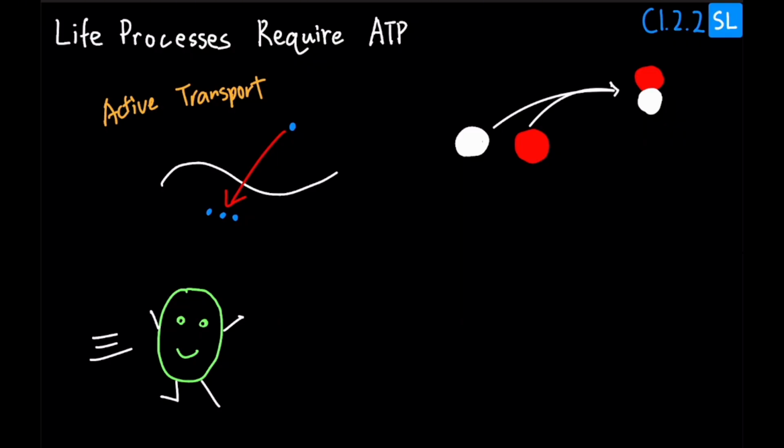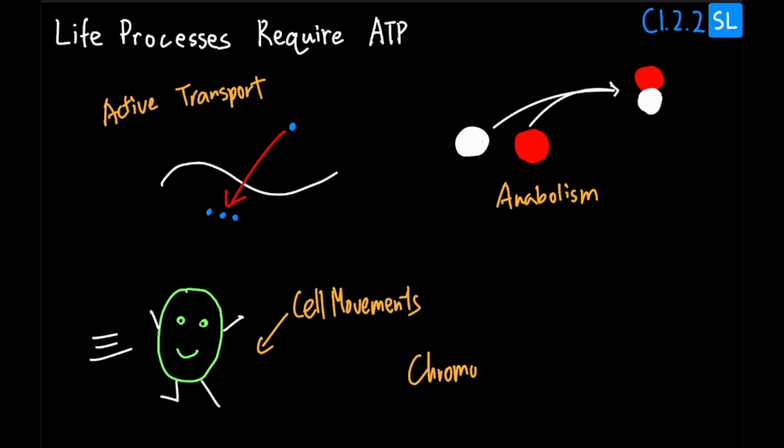So it requires energy to do so, and that's powered by the ATP. Next, we also have anabolism. So when you join two small molecules, it's a part of metabolism that our body needs, and that requires energy. So ATP powers that. Well, I think this is supposed to be cell movement, and it also helps with, I didn't even bother to draw this, but it also helps with chromosome movement. So just try to imagine the movement of the chromosomes, I guess.